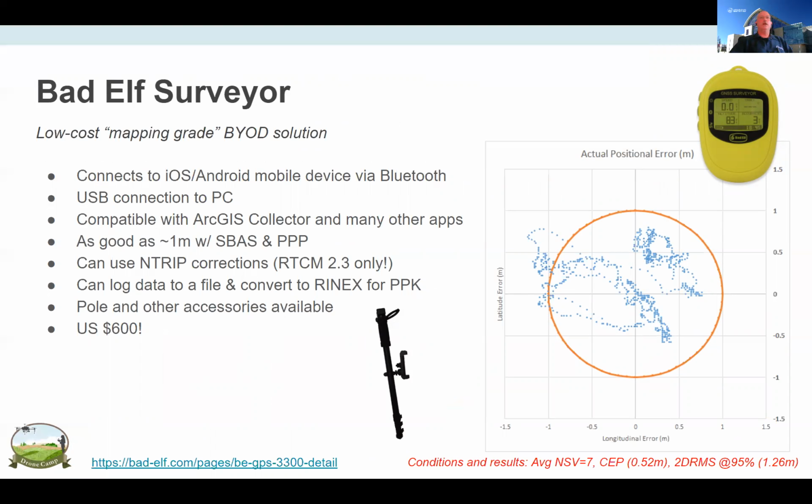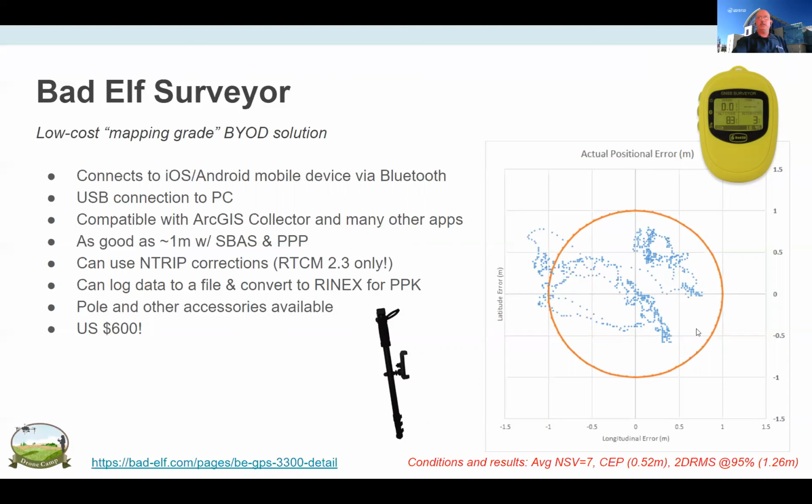You can run ArcGIS Collector or other software apps on that device to talk to the Bad Elf and get its positions. It has SBAS, and they claim as good as a meter in real time in good areas where SBAS is working well, with something they call PPK processing built in.